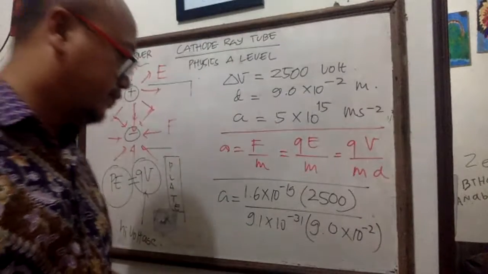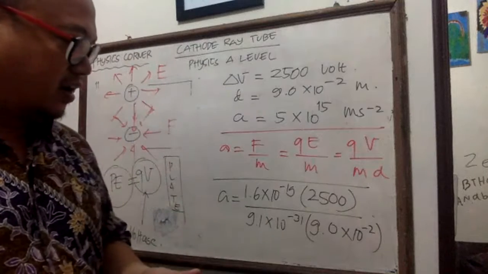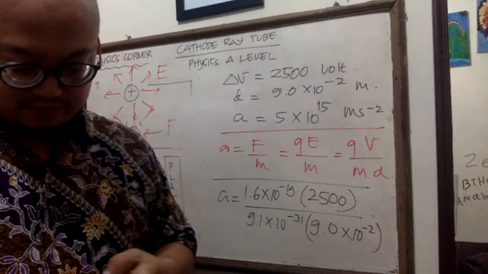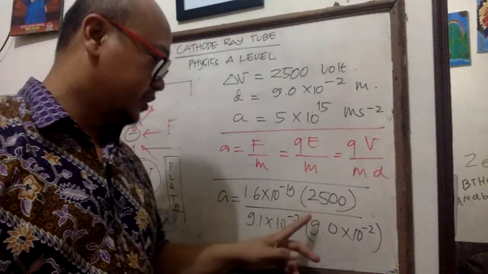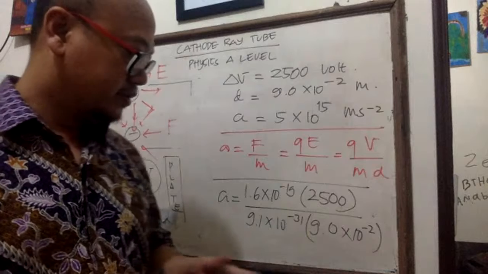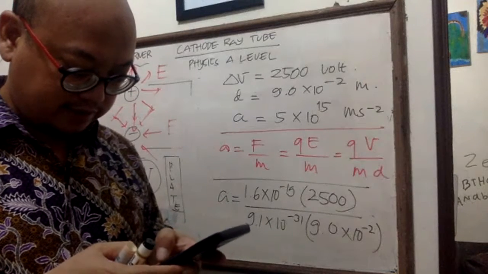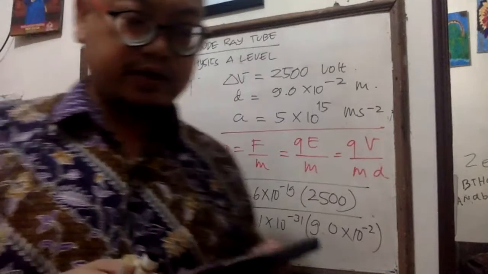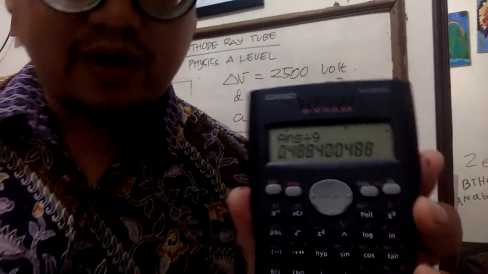The first number is 1.6 times, let's say we use 25 here, and divided by 9.1 and divided again by 9. See guys, 0.455.